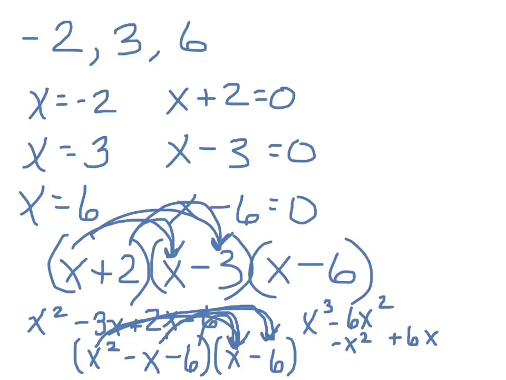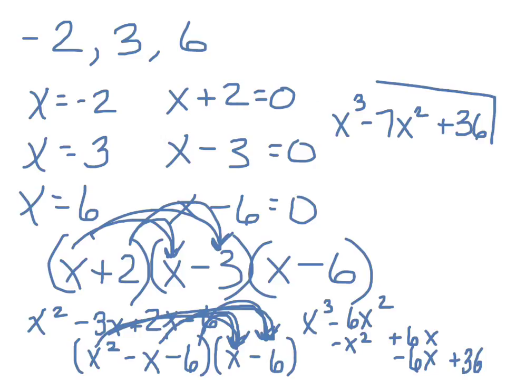Negative 6 times x: negative 6x. And negative 6 times negative 6: positive 36. So when I combine like terms, I would have x to the third minus 7x squared. What happens to the x's? Yep, they're gone. Plus 36. And that's the equation that we started with.